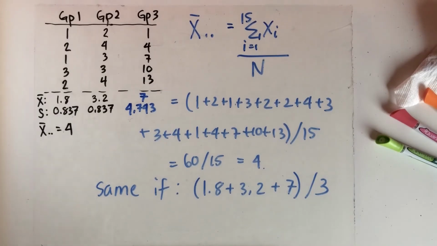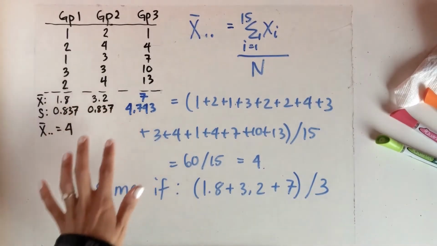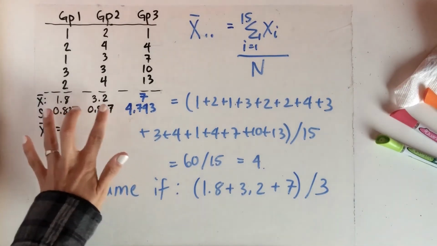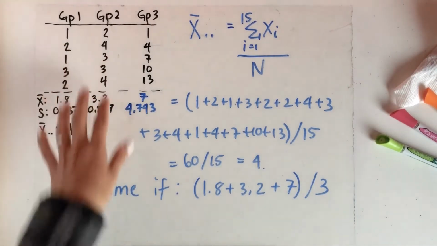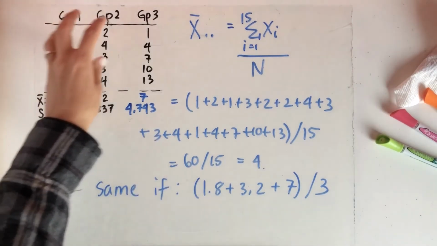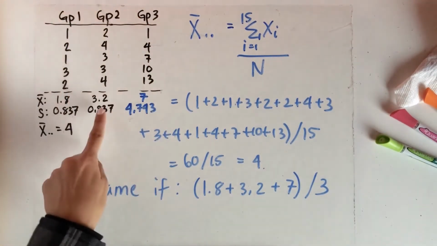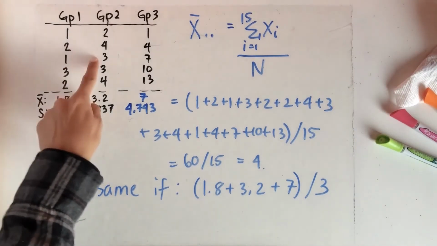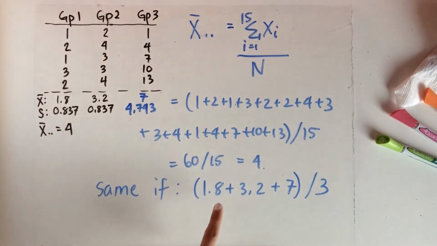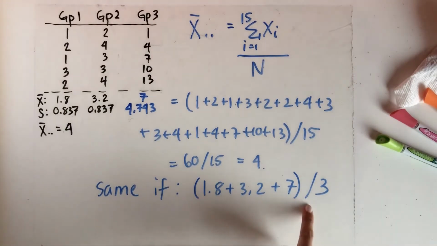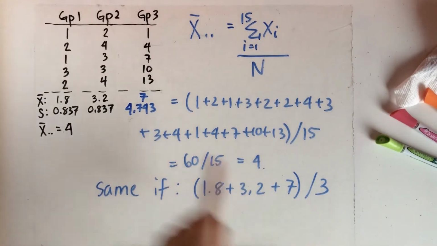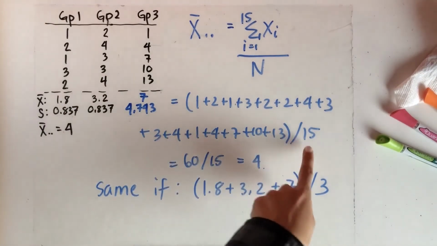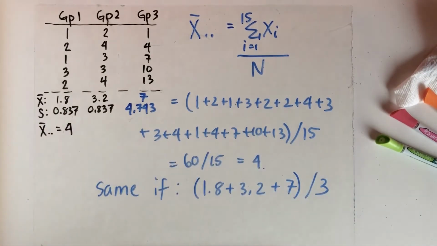And the thing about this method, sometimes we caution against it because it will only work to take the mean of already means if the number of observations that contributed to each of these means are equal. So since there's 5 here, 5 here, and 5 here, we will always be able to get the same number, whether we take a mean of means or whether we take a mean of observations from scratch.